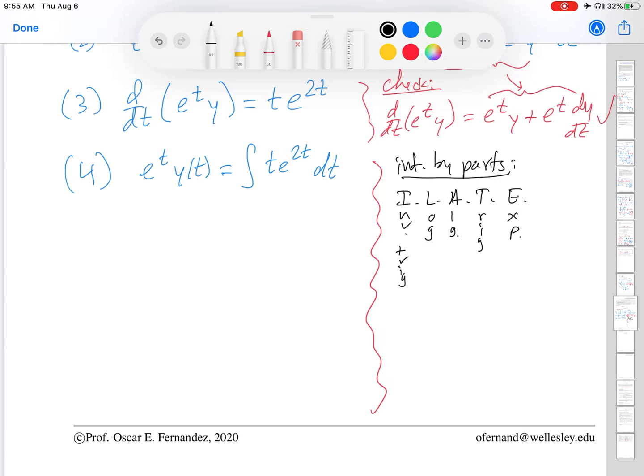So this is a rule of thumb. This approach to choosing u in an integration by parts problem won't always work, but it's a good thing to try as a first step. The rule of thumb is choose u to be the function that first appears on this list from left to right.